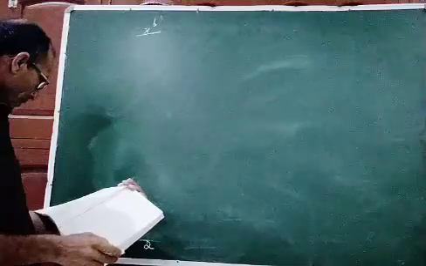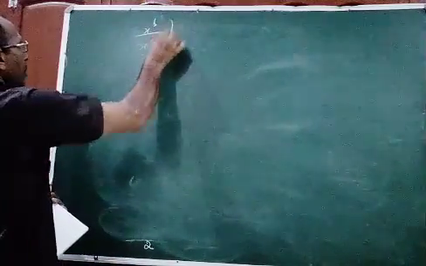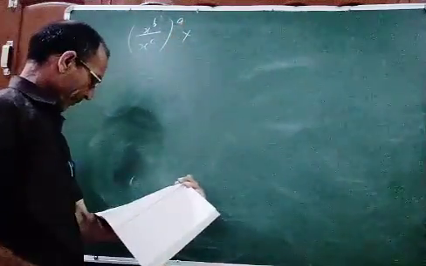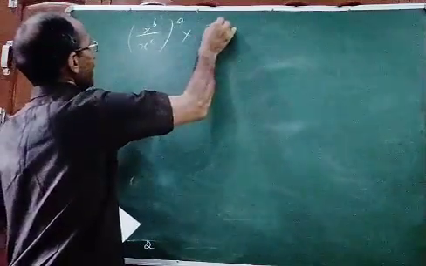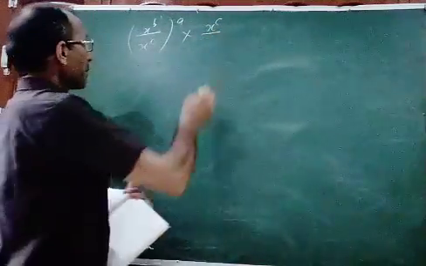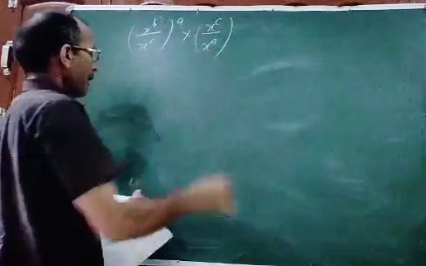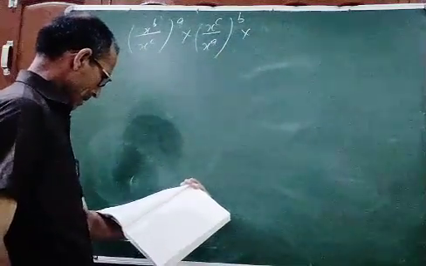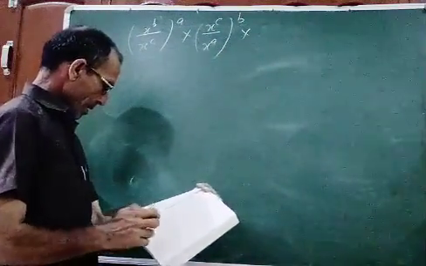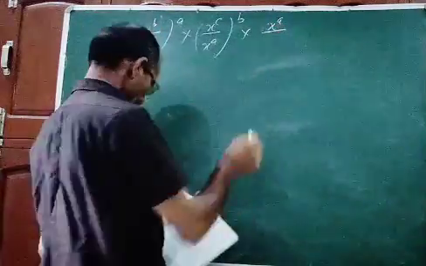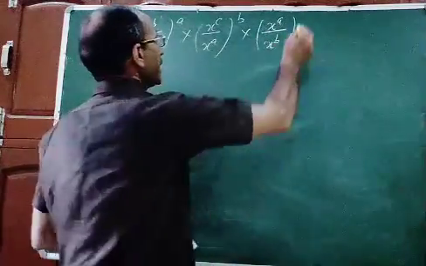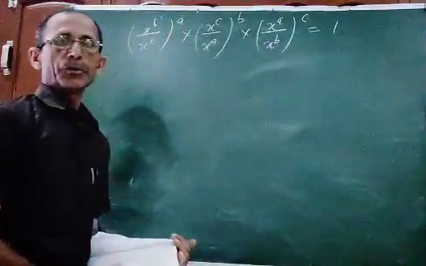X raised to the power b by x raised to the power c whole power a, multiplied by x raised to the power c by x raised to the power a whole power b, multiplied by x raised to the power a by x raised to the power b whole power c. So we have to prove equal to 1.